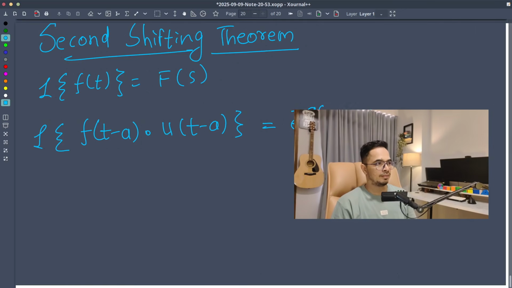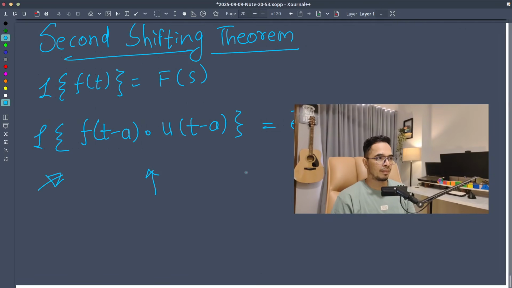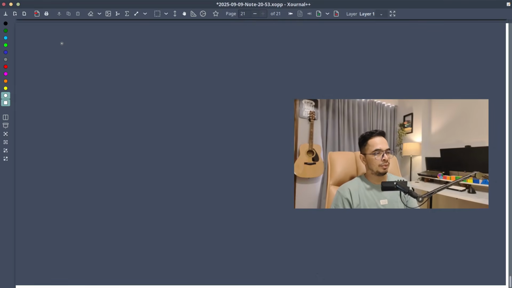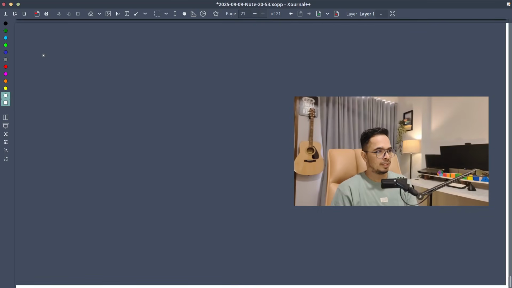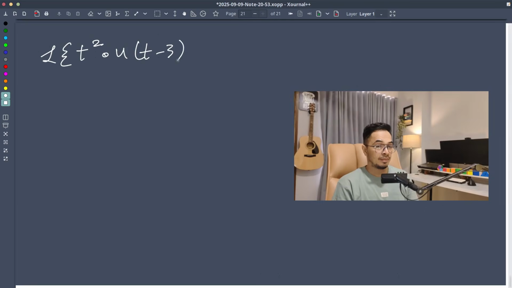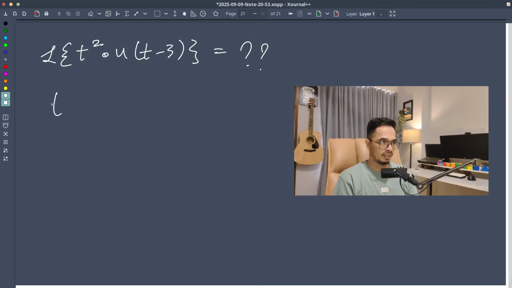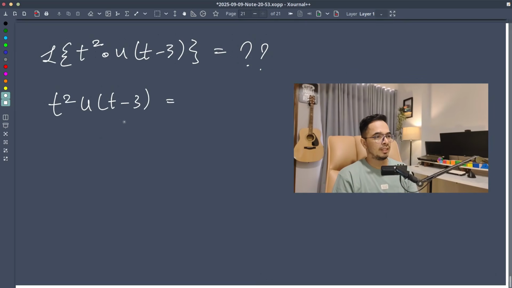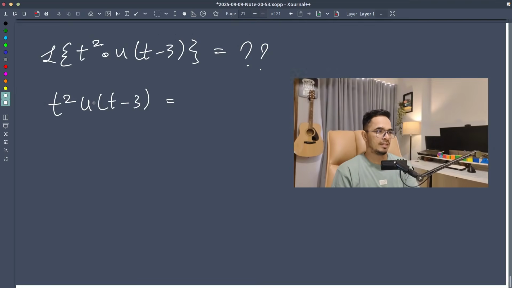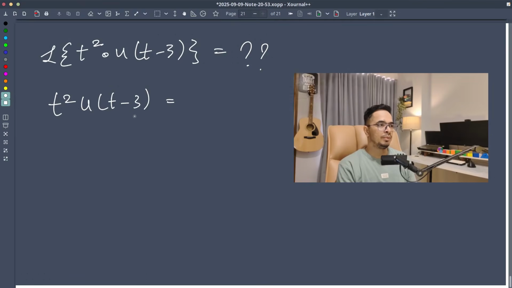So say we have a function t square, and we multiply that by u of t minus 3. What I do is I simply apply the principle that we had just looked at, meaning the second shifting theorem. So here I would write (t minus 3) square plus 6(t minus 3) plus 9, and this would be times u of t minus 3.